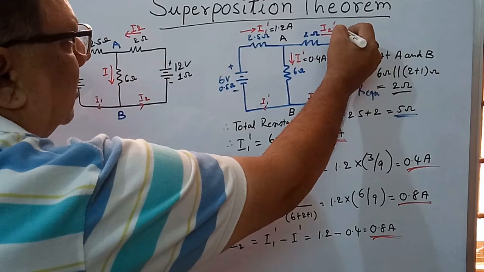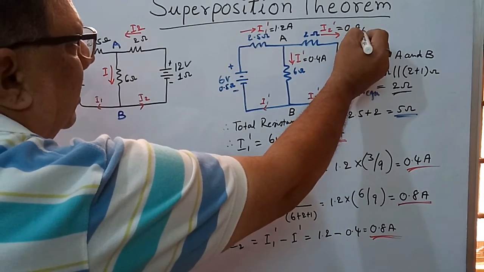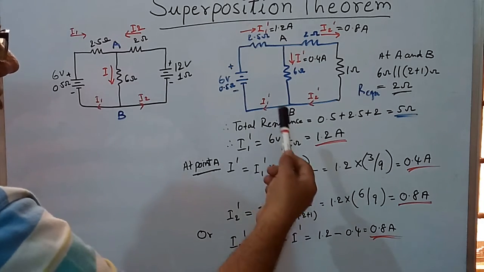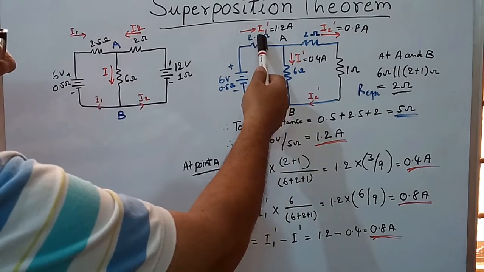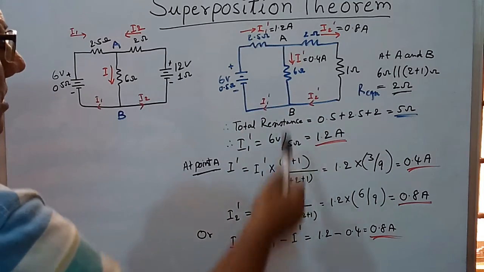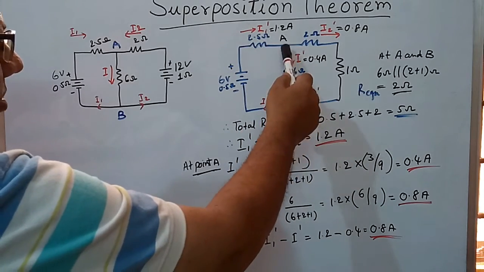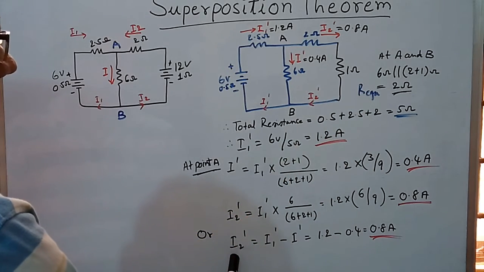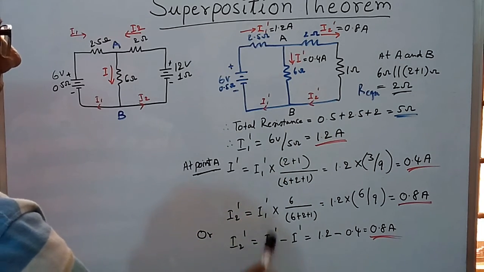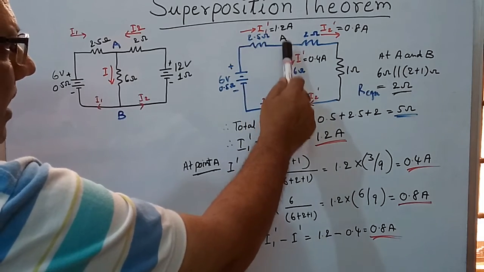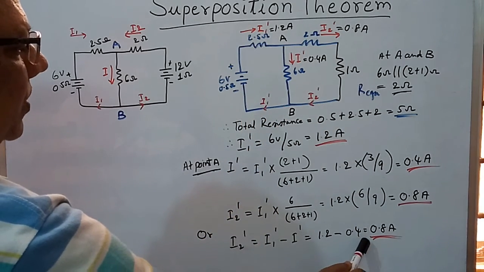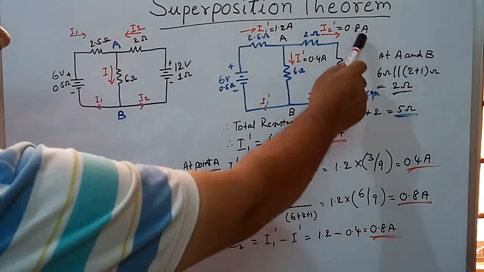So I2 dash will be 0.8 amperes, or simply the difference of the current, that is I1 dash minus I dash will be the current flowing through this branch. Therefore I2 dash equals I1 dash minus I dash, that is 1.2 minus 0.4, that is 0.8 amperes.